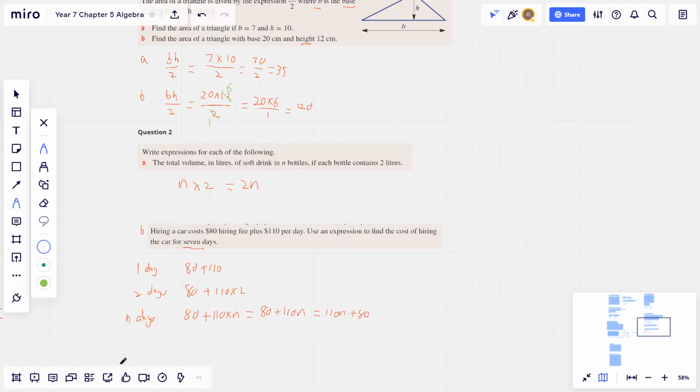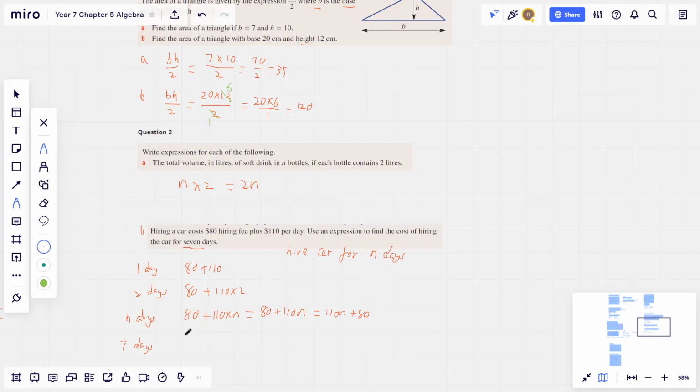Now if you want to hire it for 7 days, you just substitute 7 into n, because n is the number of days. We need to write it clearly: we hire a car for n days, because we define n as the number of days.